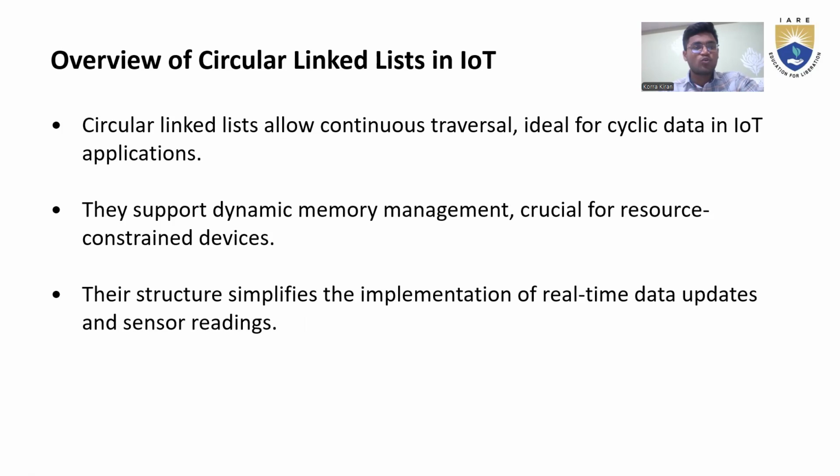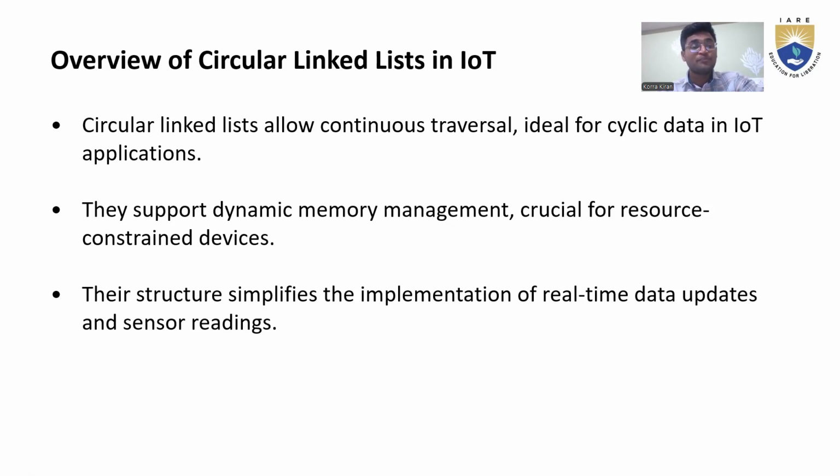And now we can see an overview of circular linked list in IoT. A circular linked list allows continuous traversal and is ideal for cyclic data in IoT applications. This is one of the applications we can see in cyclic data, and it supports dynamic memory management, which is crucial for resource-constrained devices.